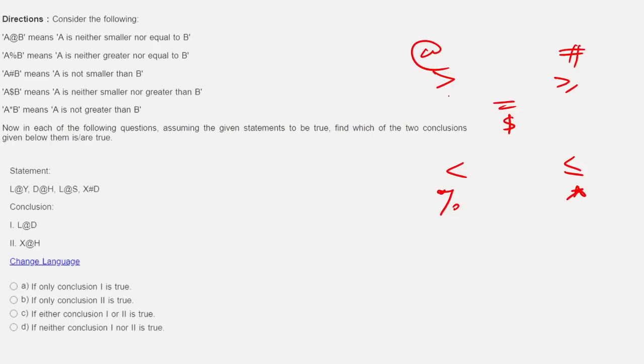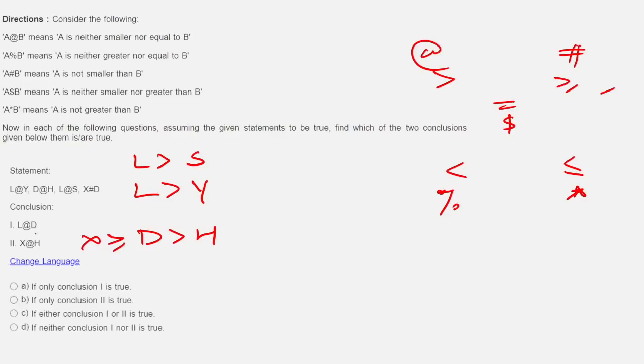L at the rate of Y means L is greater than Y. D H, so D will be greater than H. L here is also greater than S, and X hash D means X is greater than equal to D.